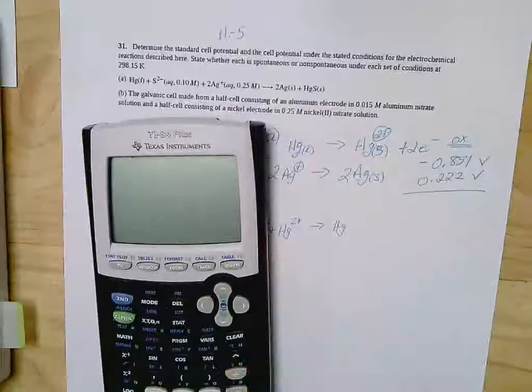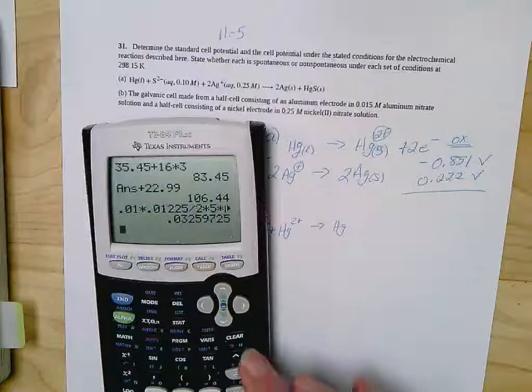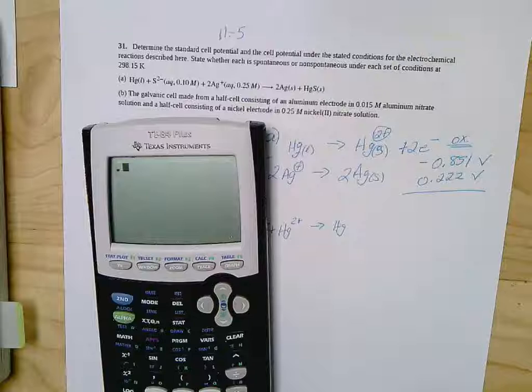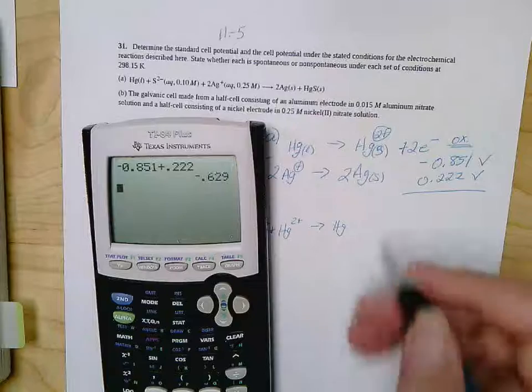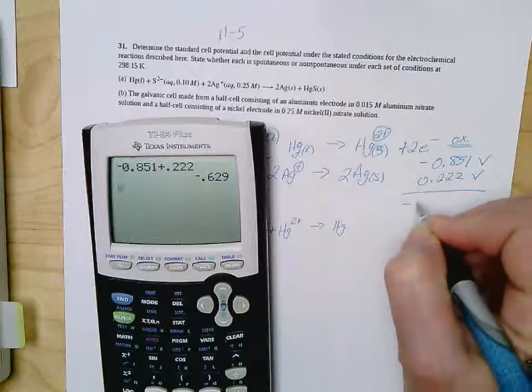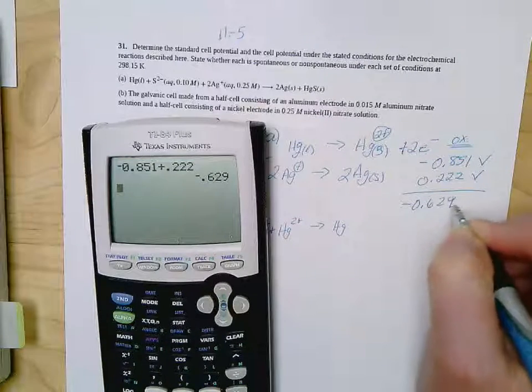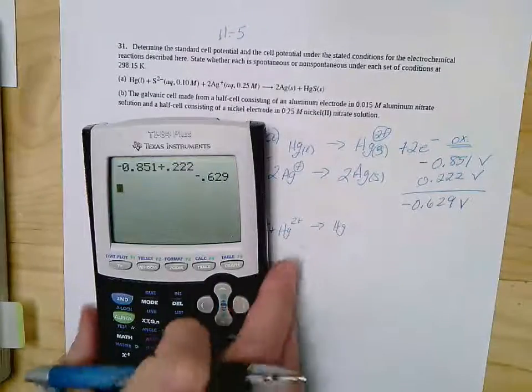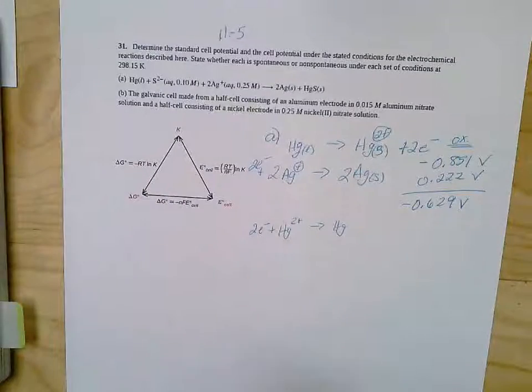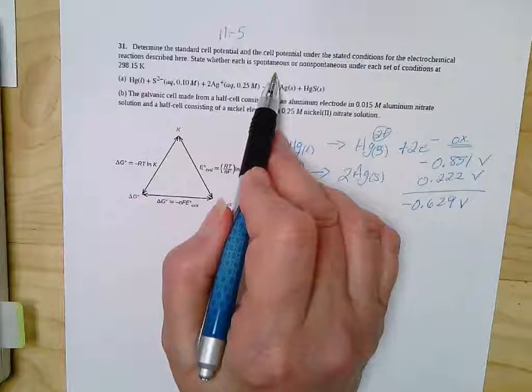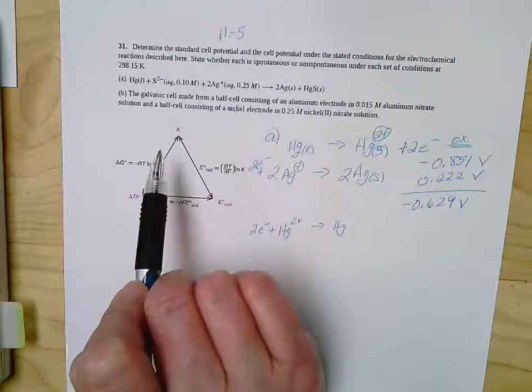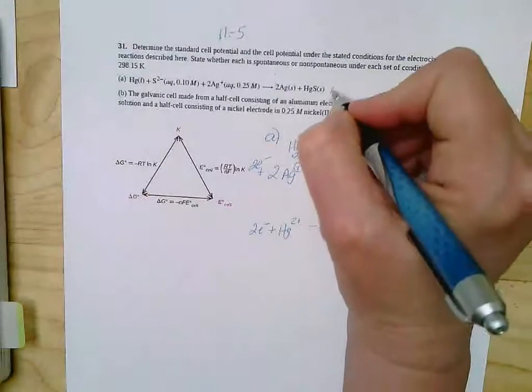I do know that it's going to be negative: negative 0.851 plus 0.222 equals negative 0.629 volts. So going back to the question, it says state whether it's spontaneous. No, it is not spontaneous under the conditions written. So this one will be no.